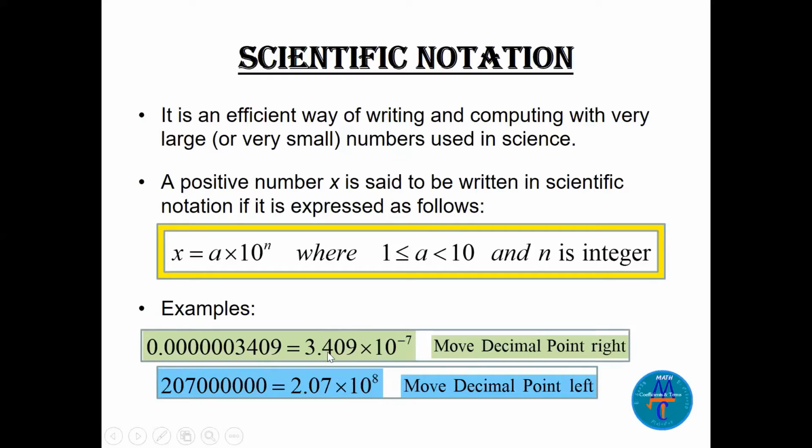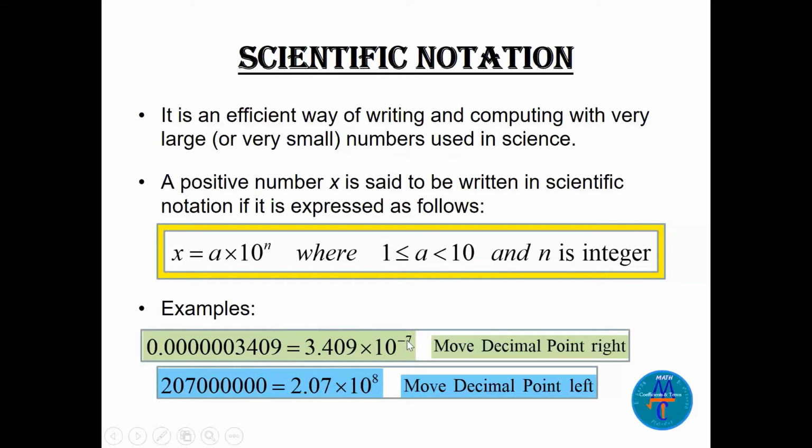Then I stop. Why do I stop between 3 and 4? Because 3.4 is a number between 1 and 10. I cannot stop at 34.09 or after the 0 or after the 9.